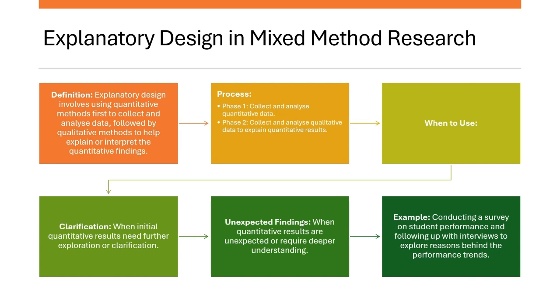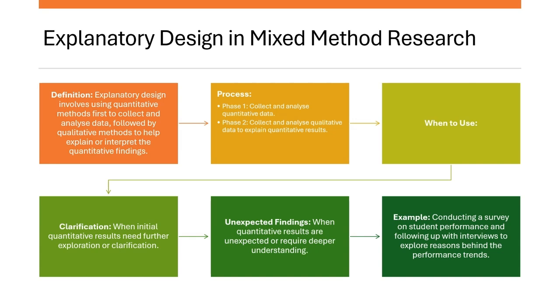So when we're looking at explanatory design, it involves using quantitative methods first to collect and analyze data, followed by qualitative methods to help explain or interpret the quantitative findings. So in the process, we would collect and analyze quantitative data, and then we would collect and analyze qualitative data to explain the quantitative results.